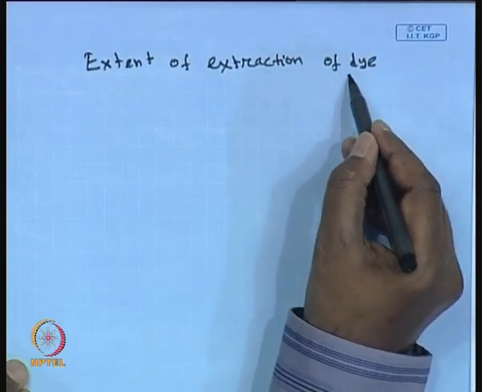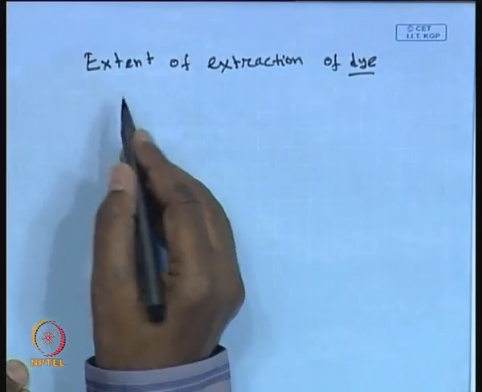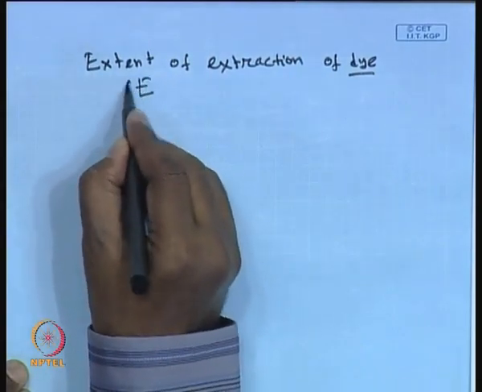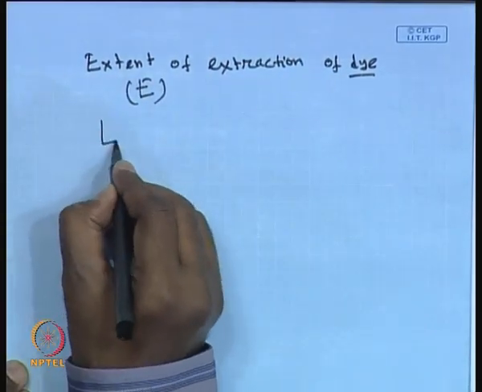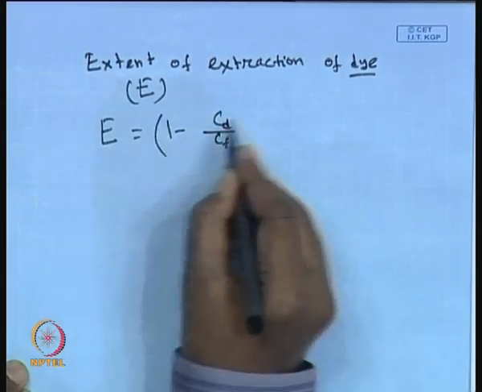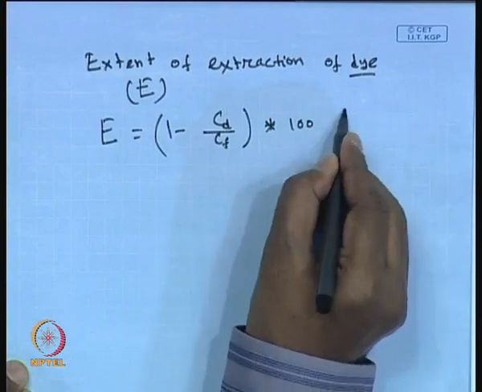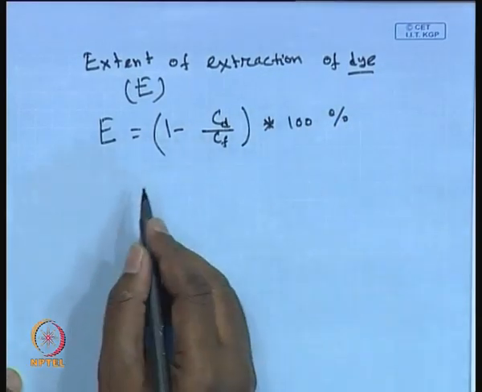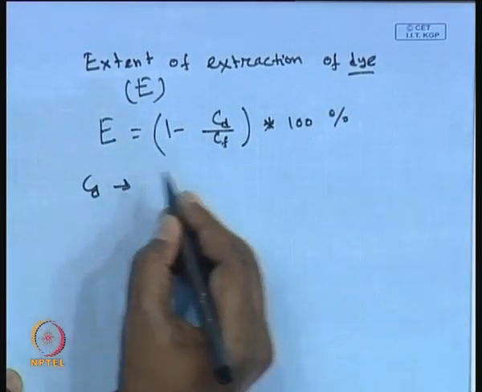This extent of extraction is defined by the symbol E, and it is defined as 1 minus Cd by Cf multiplied by 100%. So, it is expressed in percentage.